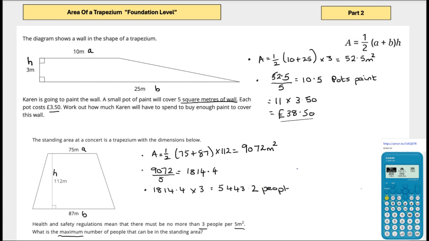Now, are you going to leave it like that? No, you're not. Because it has to be a round number. So being that's a 2, we're going to round down. So it's going to be 5,443 people can be in the standing area.